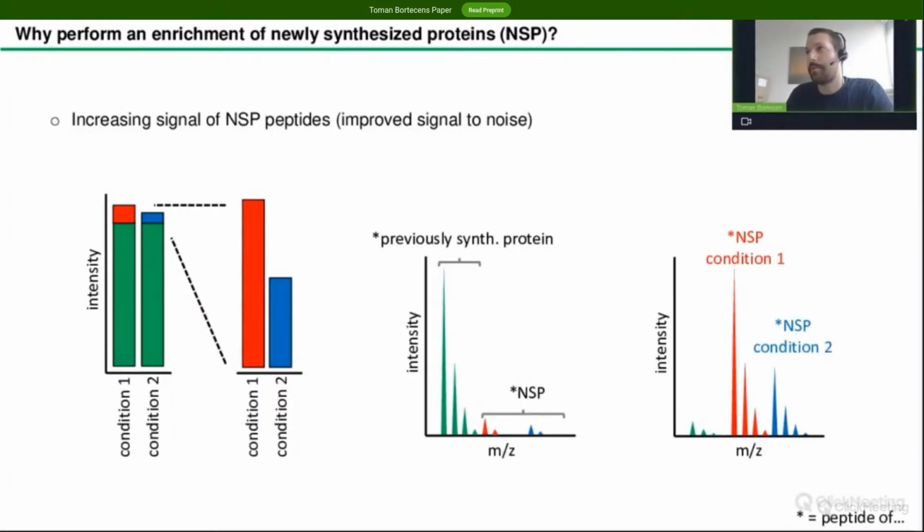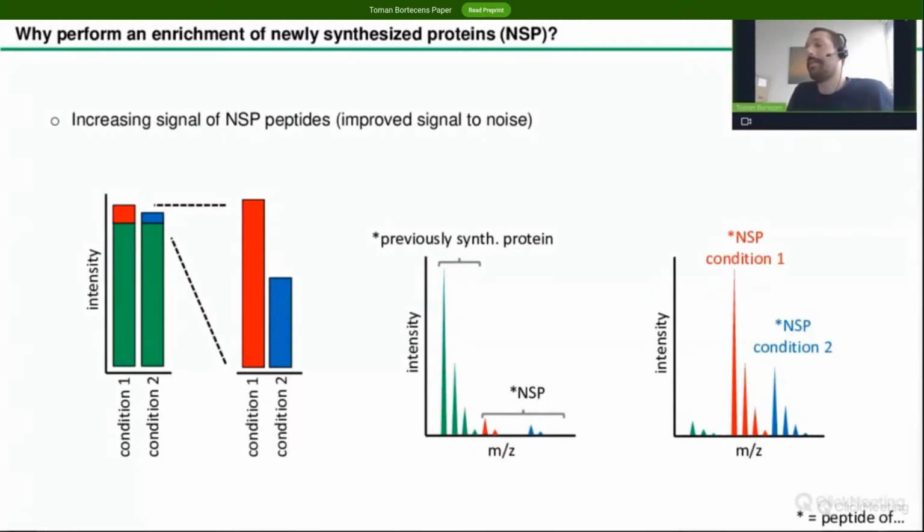And if we have such pulse-labeled samples, here's a scheme of how the raw data would look for the respective peptide ions coming from the proteins that we would measure in the mass spectrometer. In the case, if we just perform a pulse labeling and do not enrich for these newly synthesized proteins, the majority of our signal is going to come from these previously synthesized proteins, or rather their peptides, versus a small fraction of the signal we'll obtain from these newly synthesized proteins.